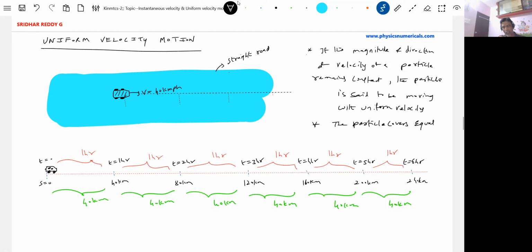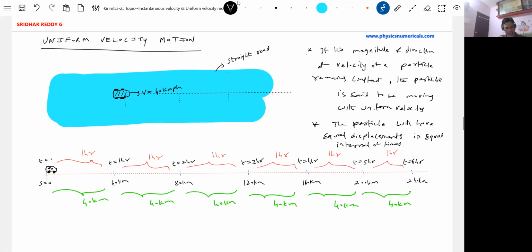Next, the particle will have equal displacements in equal intervals of time. This is very, very important: equal displacements in equal intervals of time. This is a very basic feature.